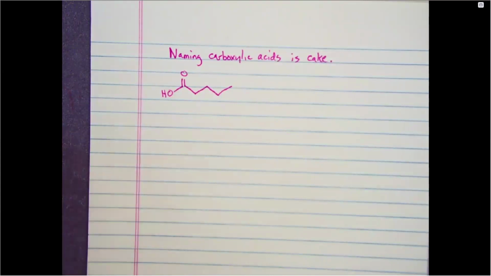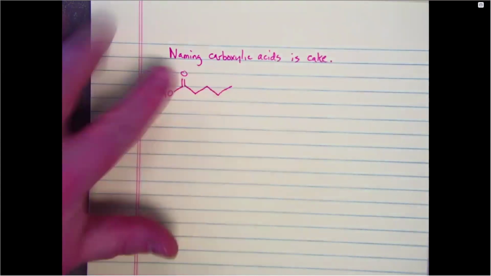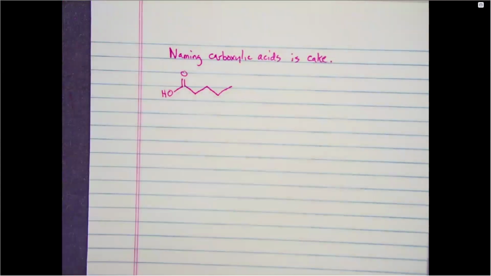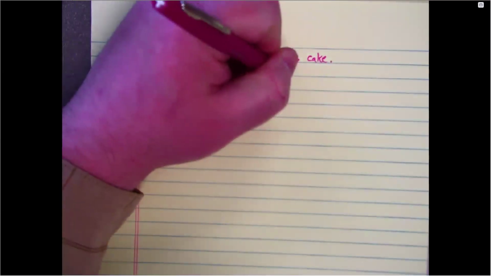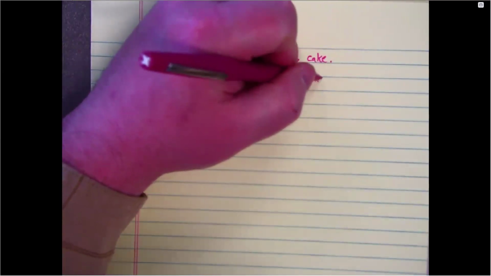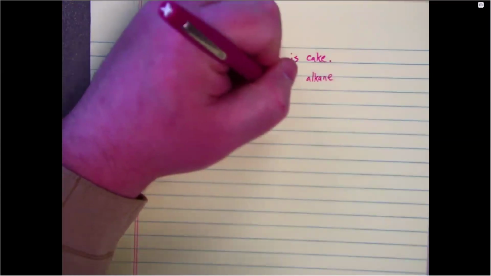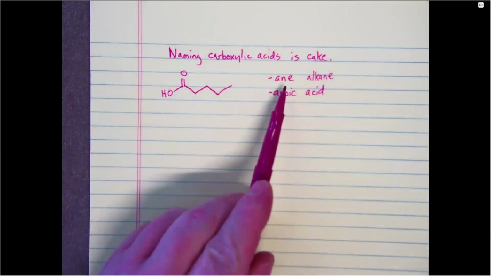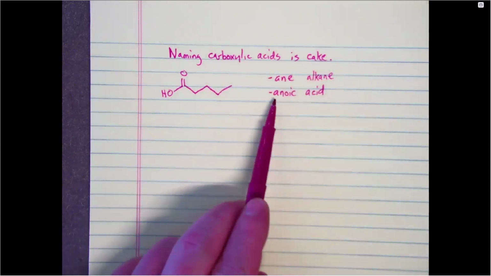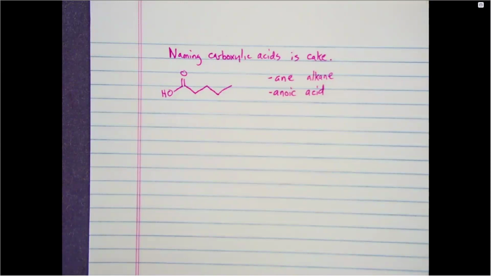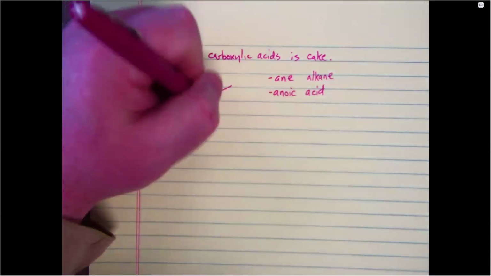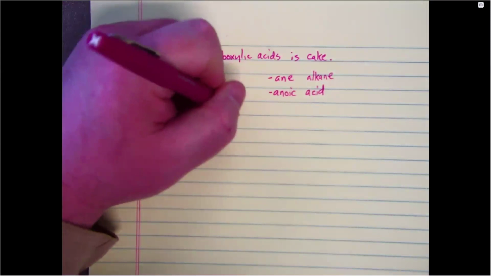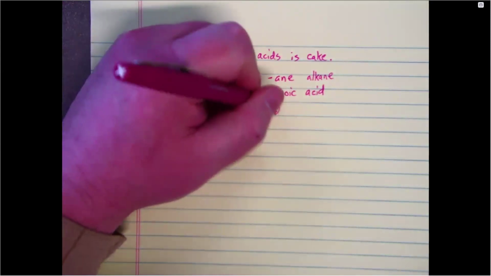So if this was a 5-carbon chain, but it wasn't a carboxylic acid, we'd call it pentane. If we use ane for the suffix for alkanes, then we use the suffix anoic acid for a carboxylic acid. So pentane would become pentanoic acid.